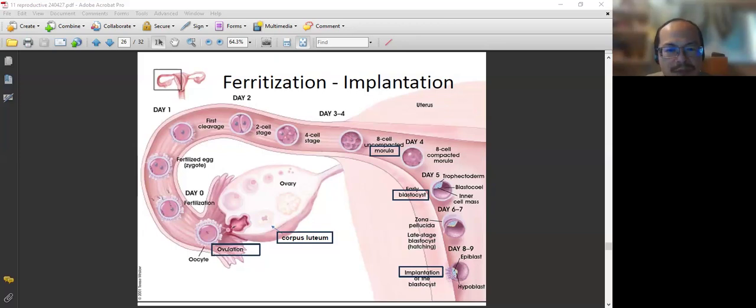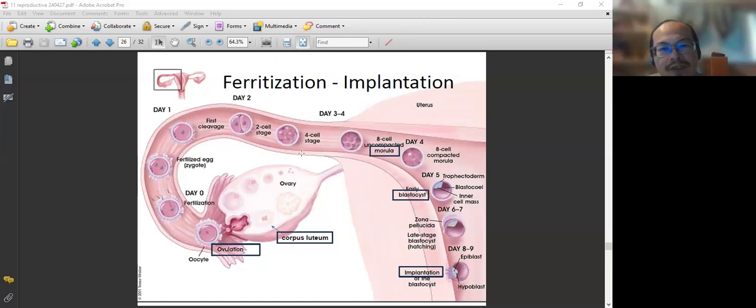So some important terminology. Here we have the corpus luteum that will secrete the estrogen, progesterone. Then you have the ovulation. Fertilization is also important terminology. You need to know what it means. Fertilization is a merge of a sperm and an egg. Zygote is the very first cell of the body, and that will divide.